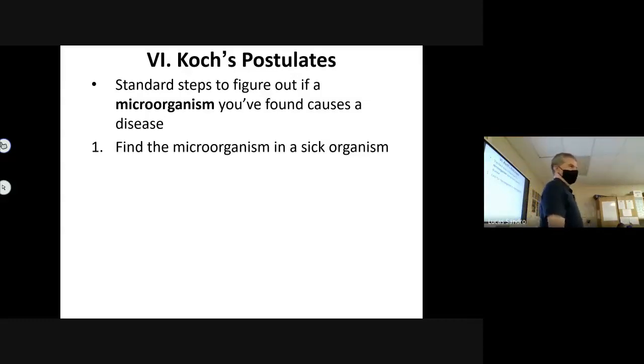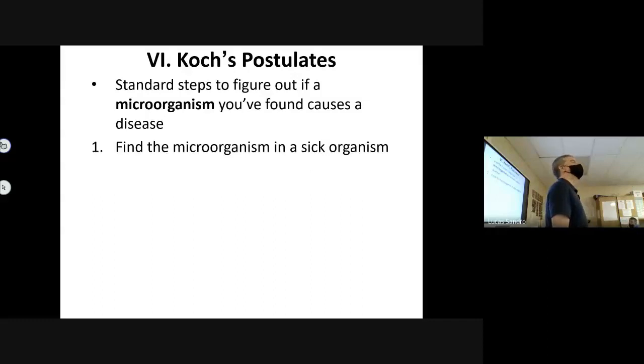Now what? What do you do with it? Give it to the healthy one. Okay, so you want to infect a healthy monkey with the bacterium. The problem with that is the amount you get from a blood sample typically is not enough to infect a healthy organism.